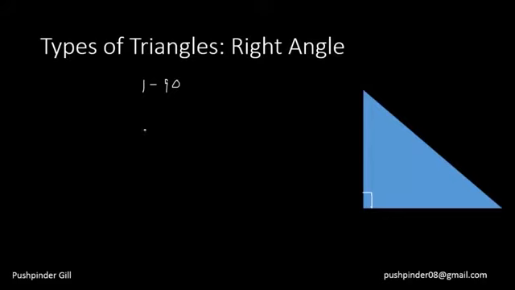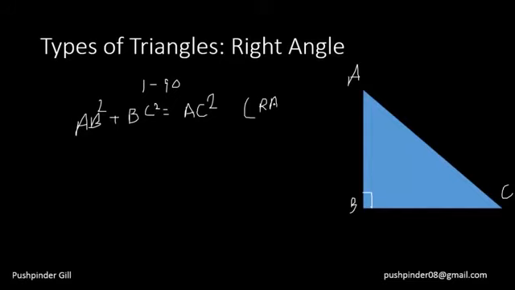Now a very fascinating fact about right angle triangle is that if I name the sides like this, then AB square plus BC square is equal to AC square. Now this is for a right angle triangle. Similarly, if you take an acute triangle, then AB square plus BC square would be greater than AC square, the biggest side.